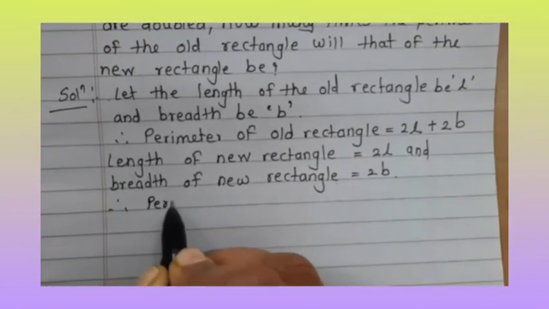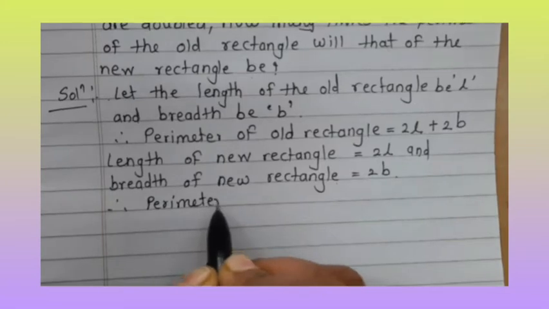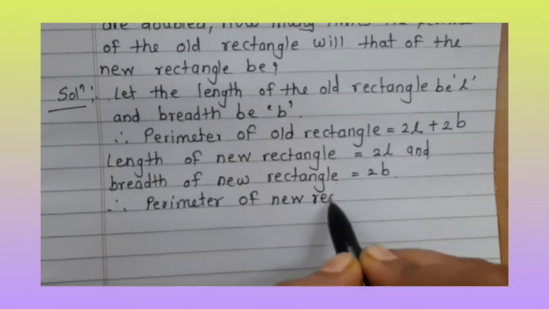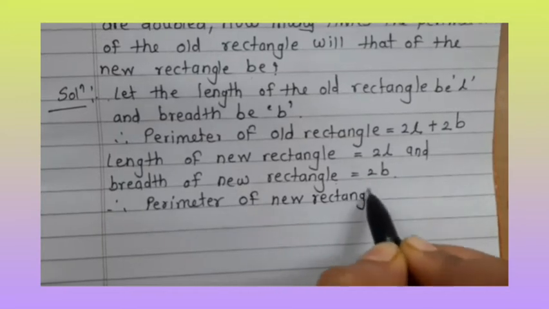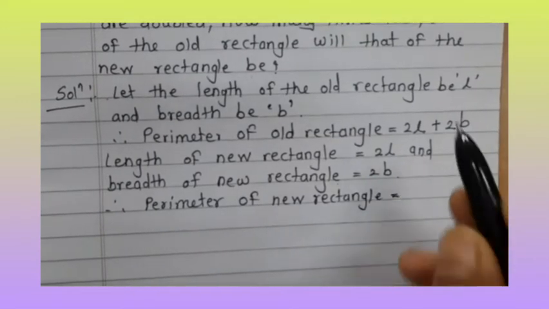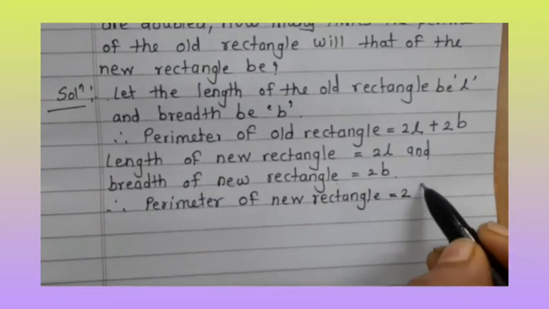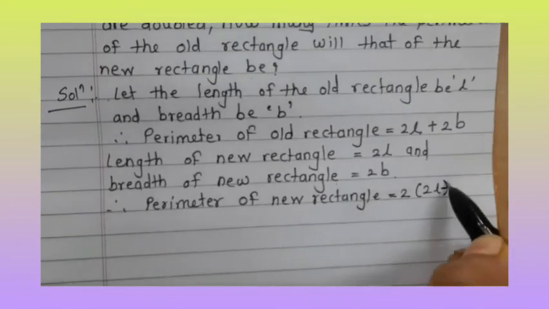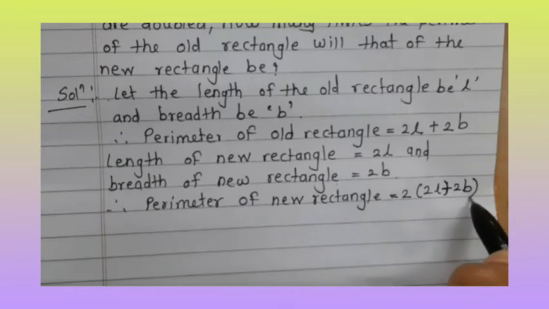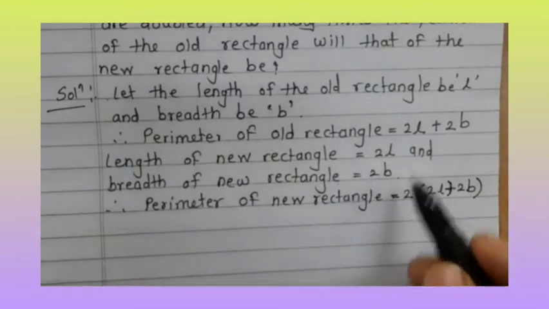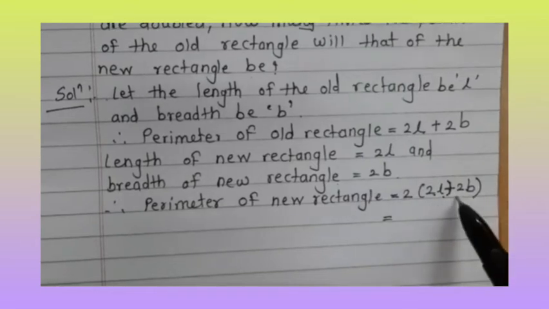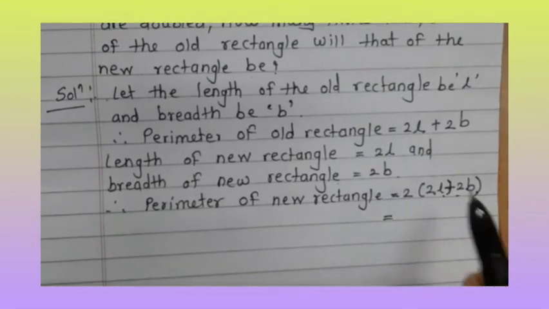Therefore, perimeter of new rectangle is equal to 2 times length plus 2 times breadth. Understood? So that is equal to 2 times length plus 2 times breadth. Understood?